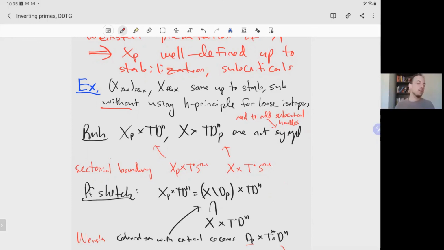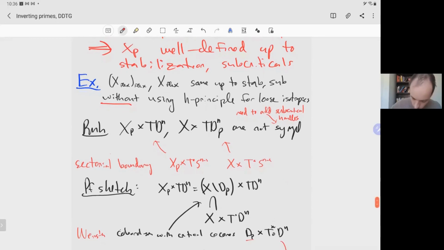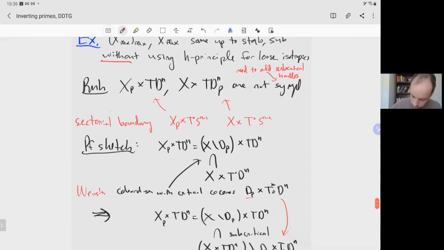So I'm just saying this is some Weinstein cobordism. It has some subcritical handles. It has some critical handles. The cocores of the critical handles, well, there's only one, is something like this. Well, for any critical point of X, there's a cocore that looks like this. So what does that mean?